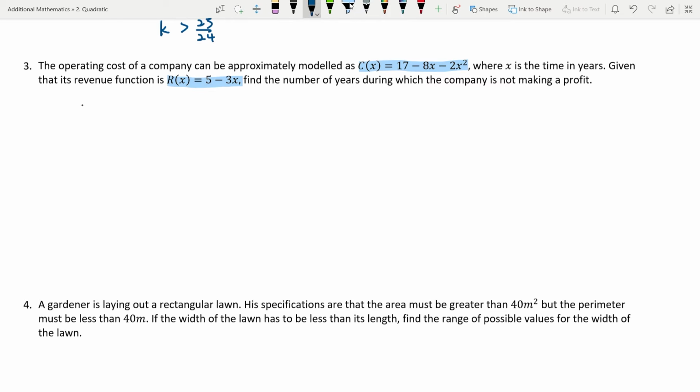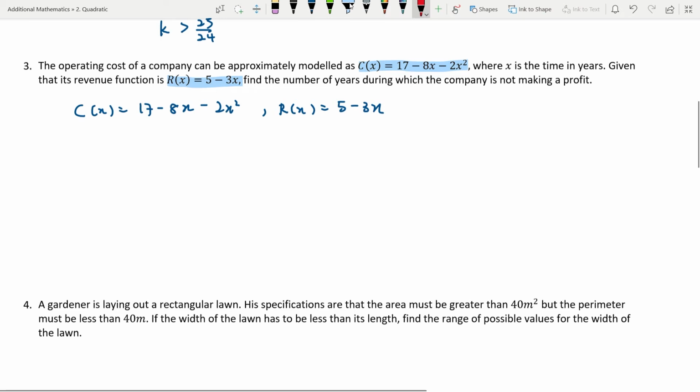The information we have are C(x) = 17 - 8x - 2x² and also R(x) = 5 - 3x. We are asked to find the number of years, which is the x, during which the company is not making a profit.